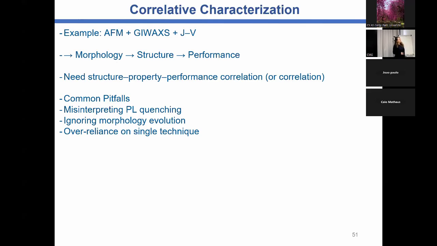So the characterization is very well grouped. For instance, here, to probe the morphology and performance, we can use AFM, GIWAXS, and JV curves. So we need the structure-property-performance correlation.